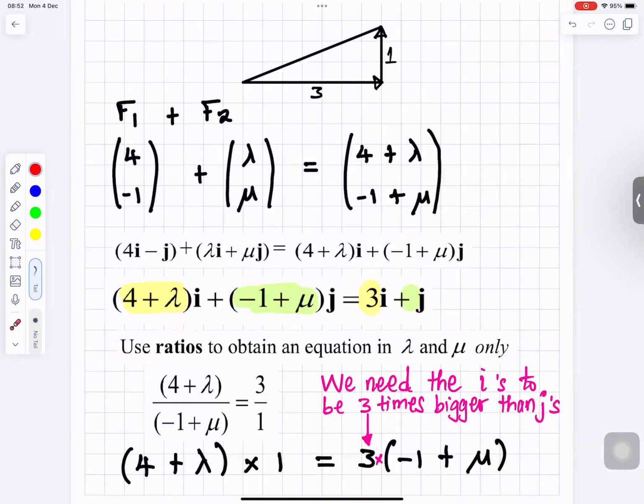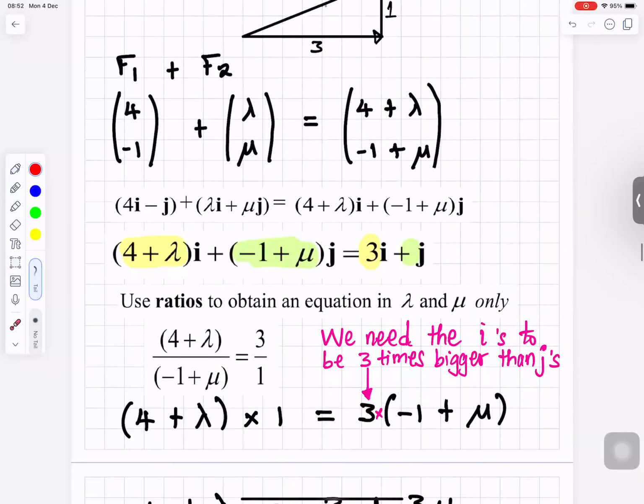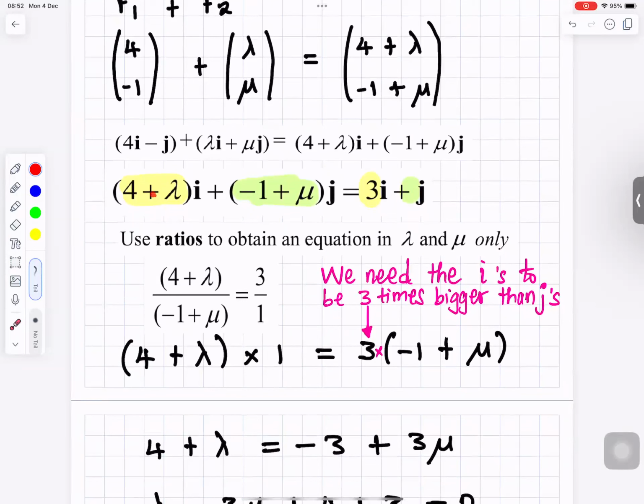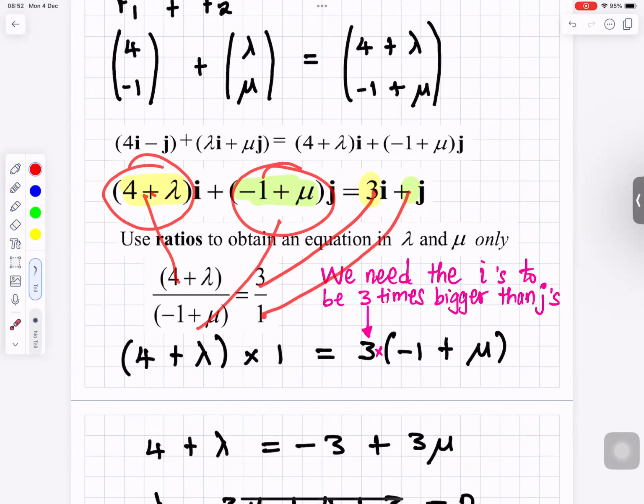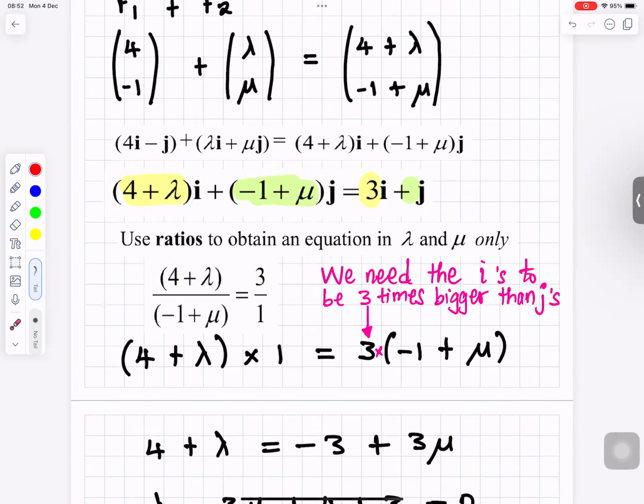When you use ratios to find an equation in lambda and mu, that means what is in front of i divided by what is in front of j should be equal to what is in front of i there divided by what is in front of j. What's in front of the i is 3, which is 3 times bigger than what is in front of j, which is 1.